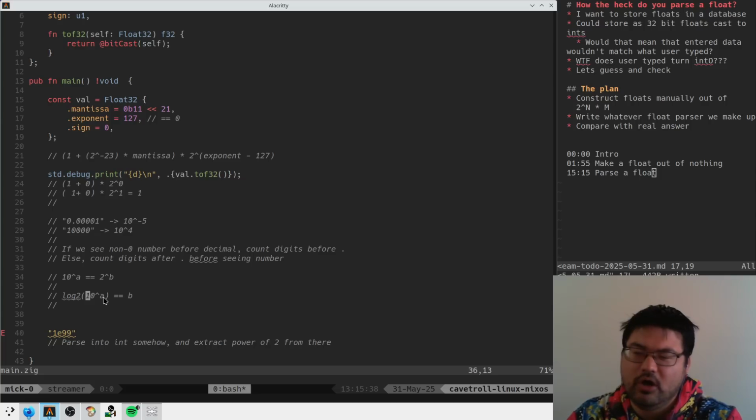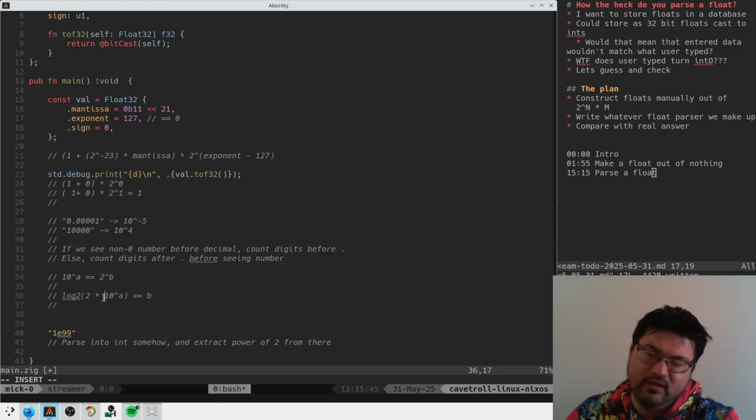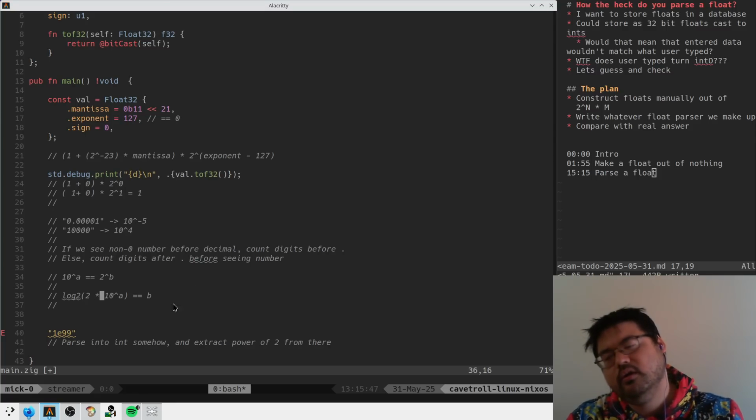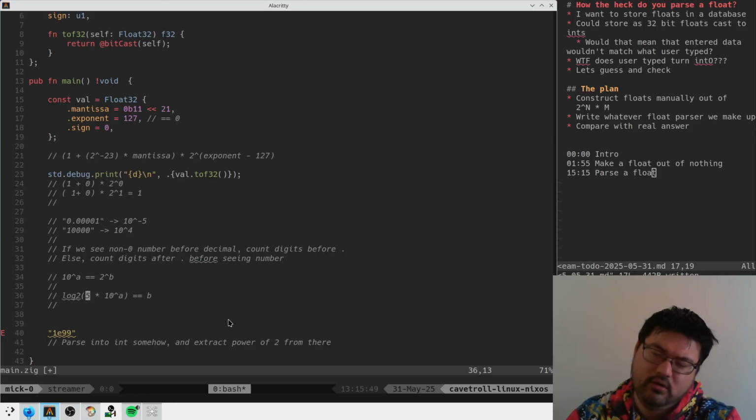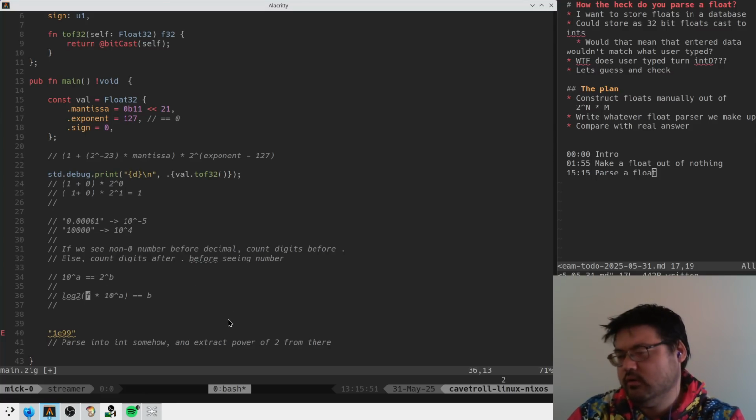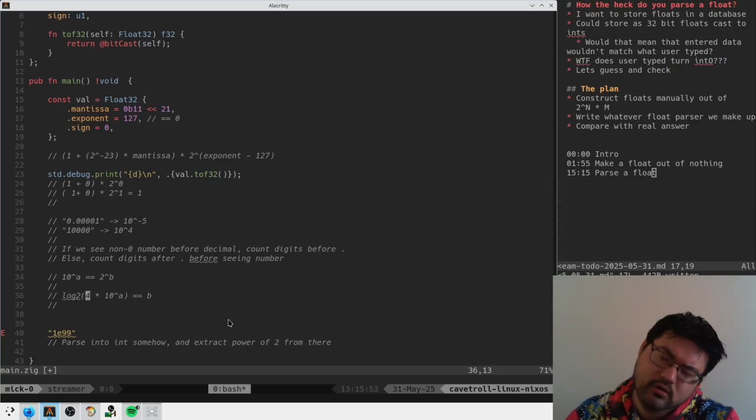Well, I was going to say you could do log 2 of the number here. You could probably get a better approximation if you multiply this by the first number. If this is 40, you do 4 times 10 to the power of 2.